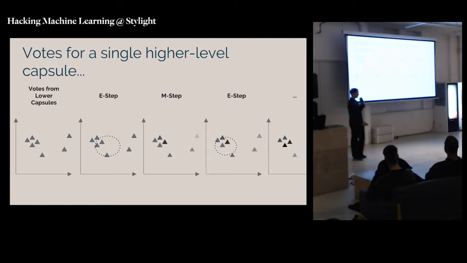That means capsules that apply this vote to a higher level capsule will be less likely to send as much of a vote to that same capsule in a future iteration. And this goes on. In practice, 3 iterations of each step are implemented between every layer in the matrix capsule paper.